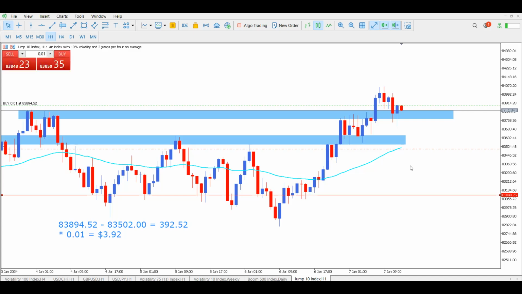So I'm only just moving the arrow all the way to my stop loss point. You can see that, right, guys? So that's a negative $3.93 loss on this trade.